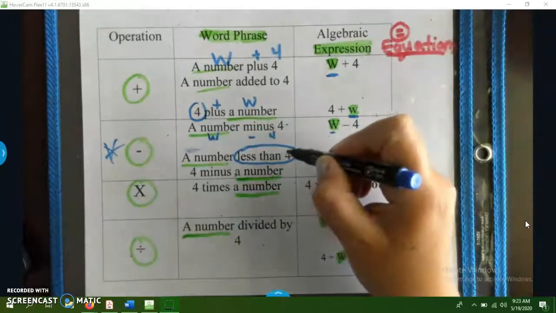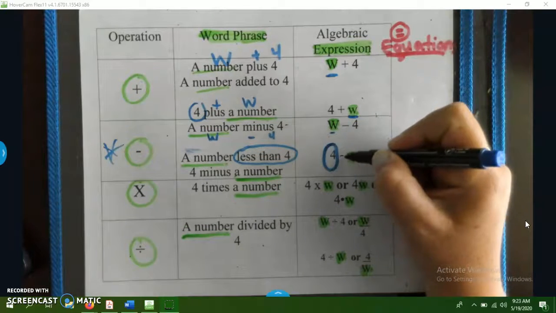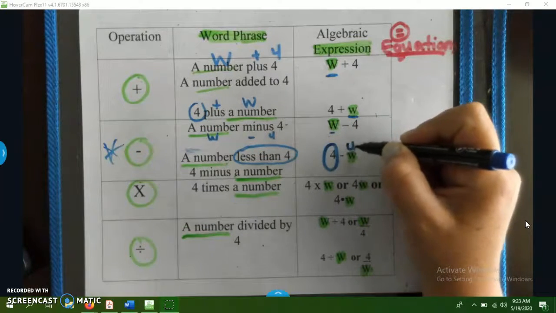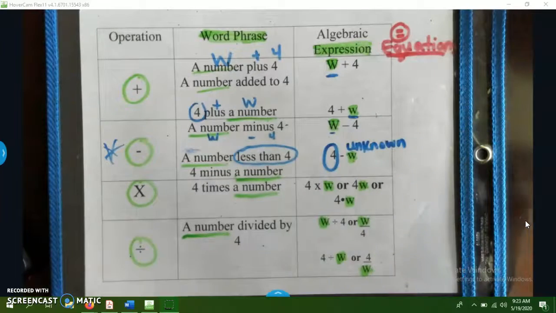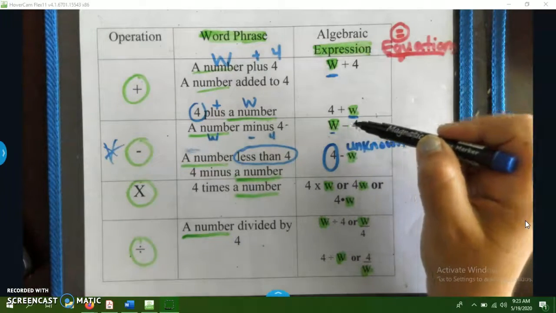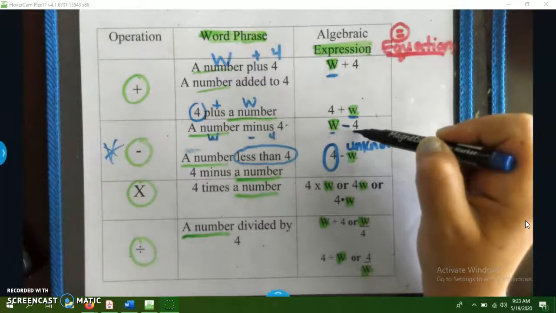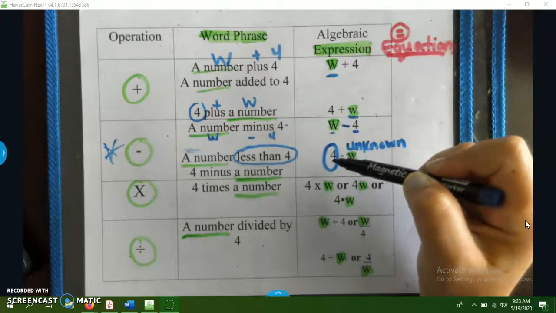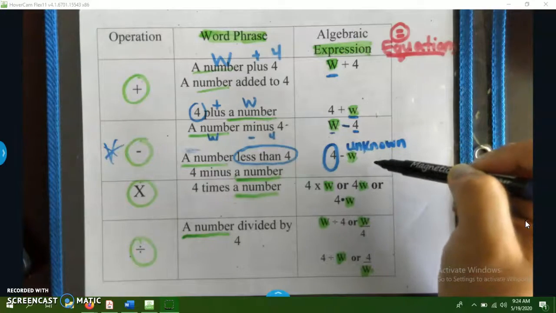So if you are less than 4, you have to start with 4 and then lose an unknown amount, or lose a number. So for this one up here, how much less are we talking? We're talking about losing 4. But for this one, we're starting with 4 and losing an unknown amount.